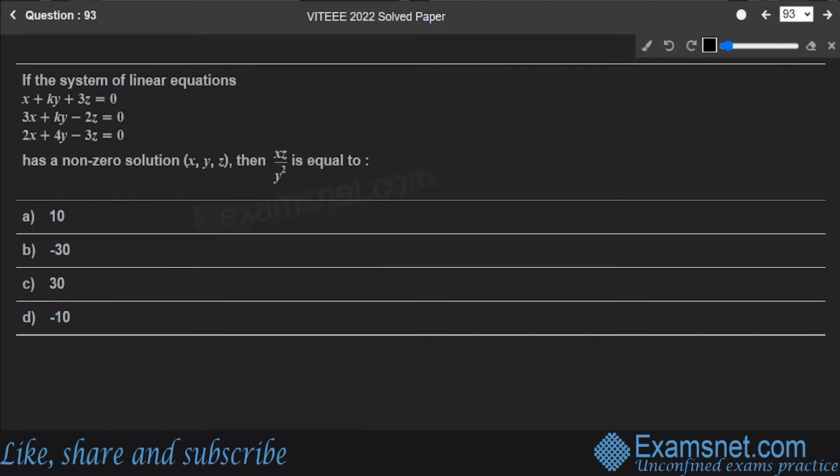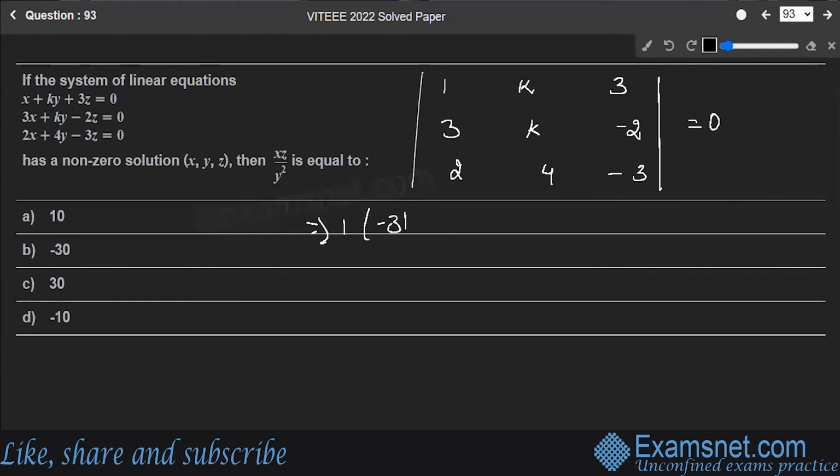You have the system of linear equations. These are the 3 linear equations. It has a non-zero solution x, y, z. Then x z upon y square is equal to what? Okay. See, for the non-zero solution of the system of linear equations, I'll put these three equations in the matrix form. So you can write it as 1, k, 3; 3, k, minus 2; 2, 4, minus 3 is equal to 0. Let's find out the determinant.